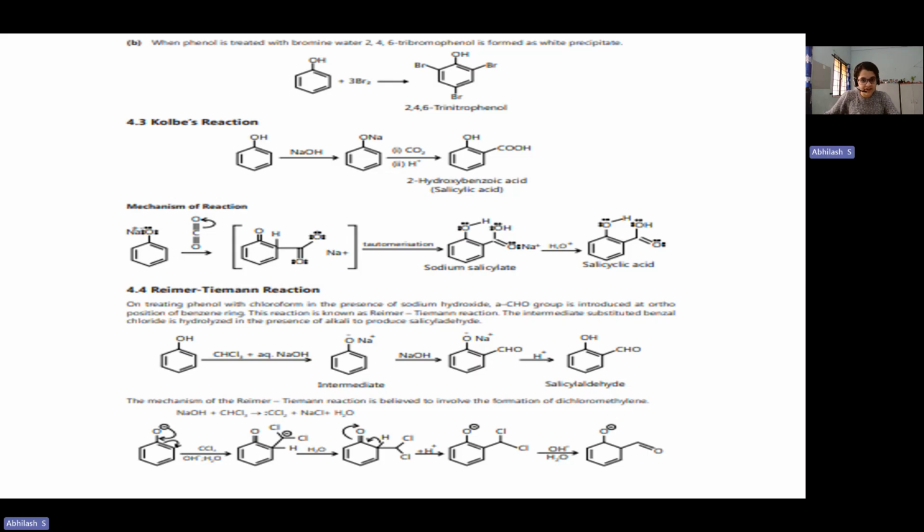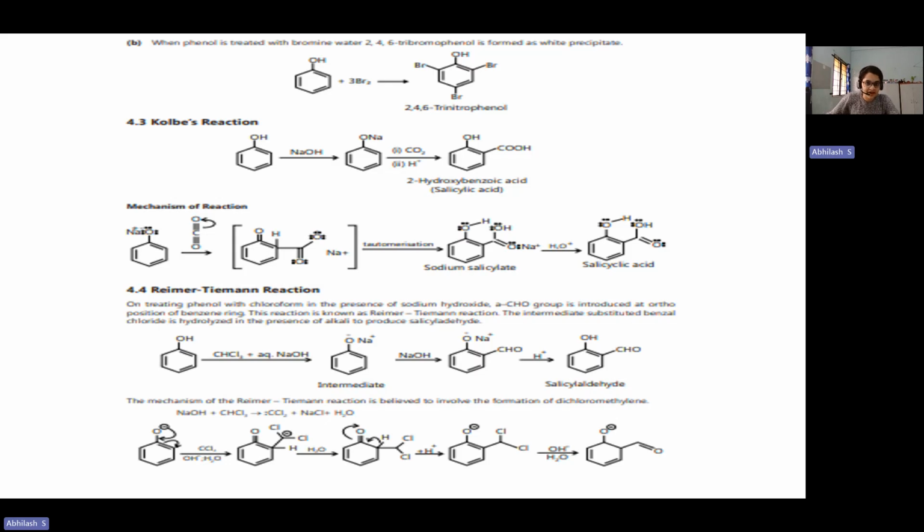This intermediate reacts further, giving a sodium intermediate with the aldehyde group attached to it, which in acidic condition leads to the formation of salicylaldehyde. This is the Reimer-Tiemann general equation.